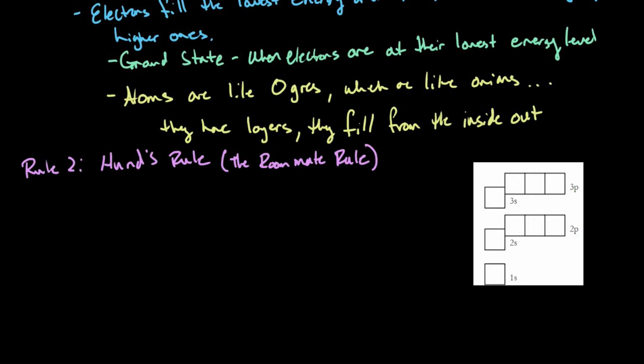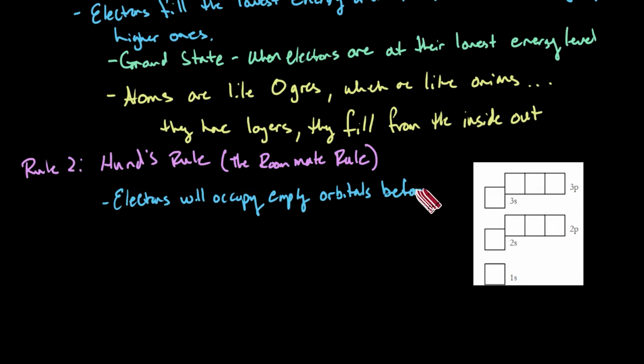Electrons will occupy empty orbitals before pairing up. Oops. Empty orbitals in the same sublevel.